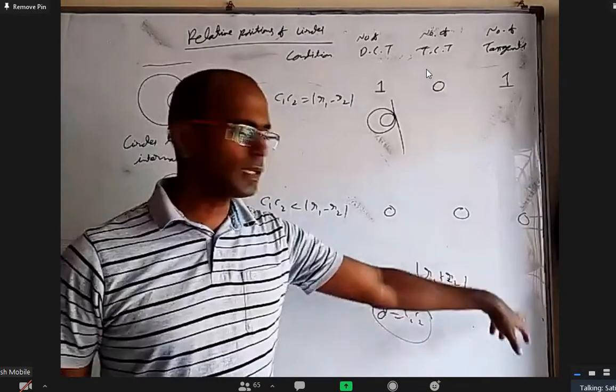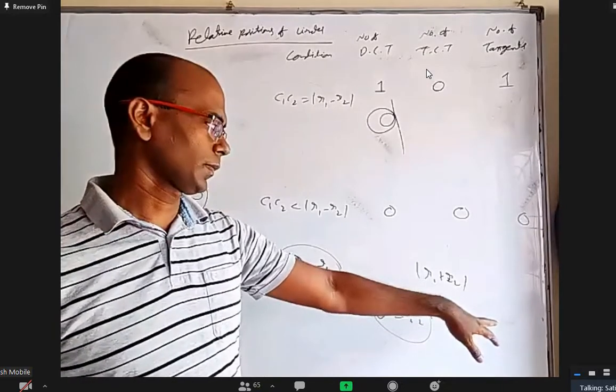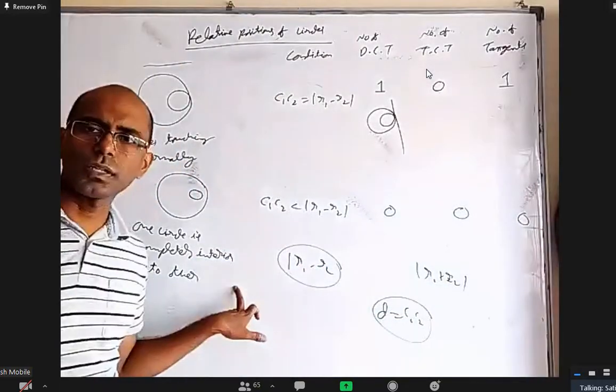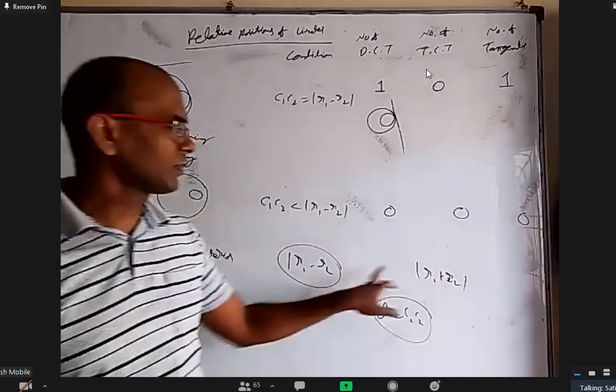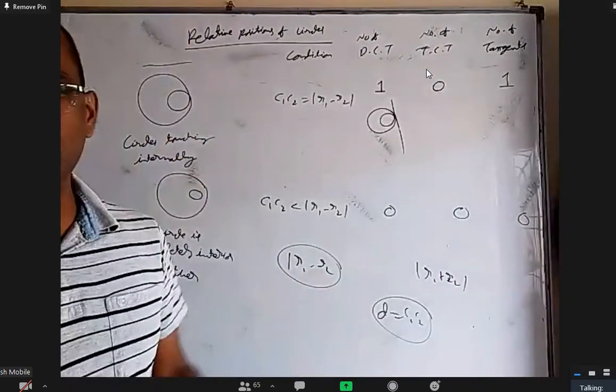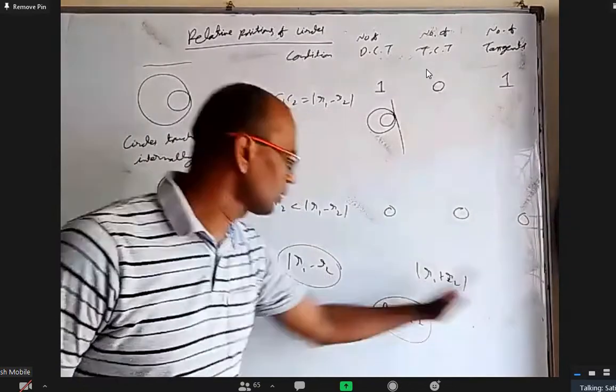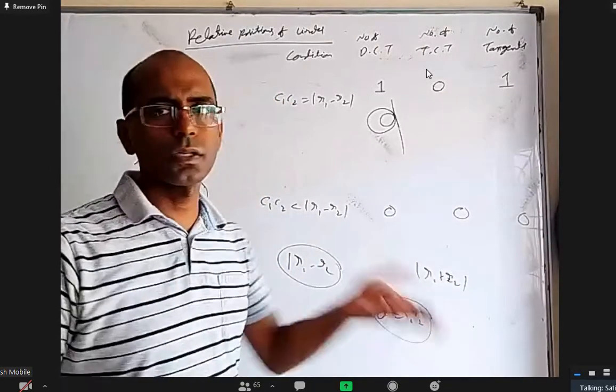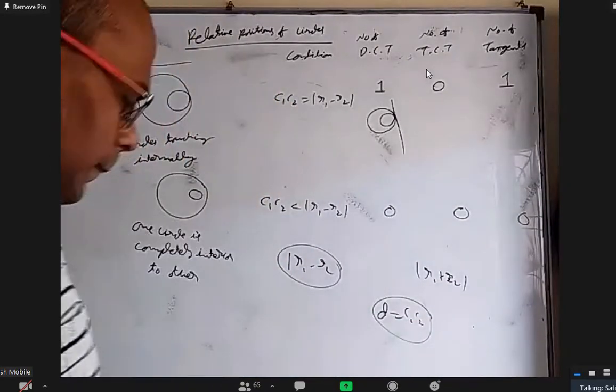If it is more than R1 plus R2, the circles are exterior to each other. If it is less than mod R1 minus R2, one is interior to the other. If it is between these two, they intersect. If it equals R1 plus R2, touching externally; if it equals mod R1 minus R2, touching internally. You have to see whether D is here or here or here, or equal to this or equal to this. That's how we can find.